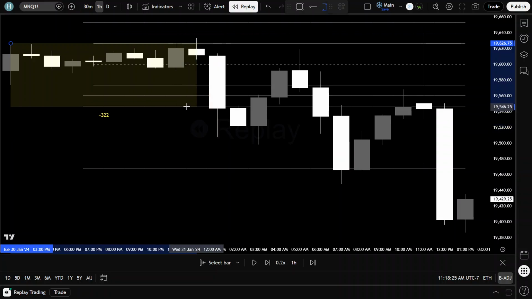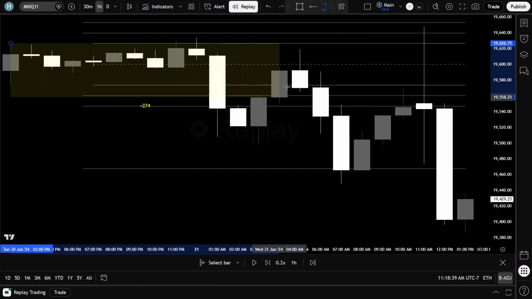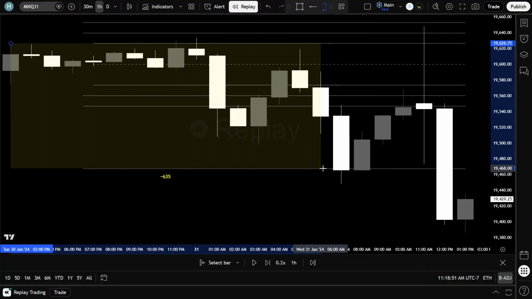The first target would be to cross the other side of the 4-hour candle manipulation, and as you see, it ends up flushing through that. But if you held longer, after New York Open it flushes into probably the best target.